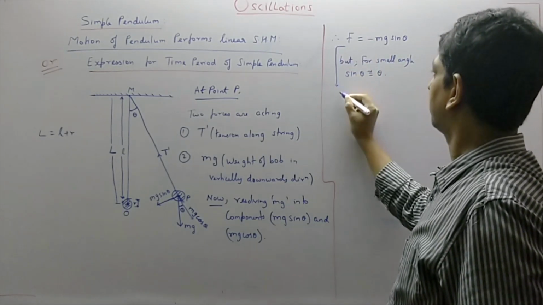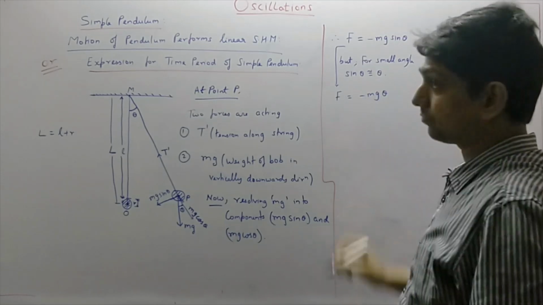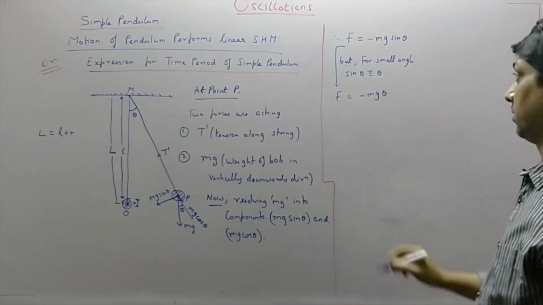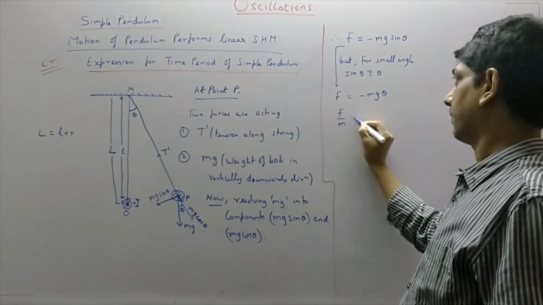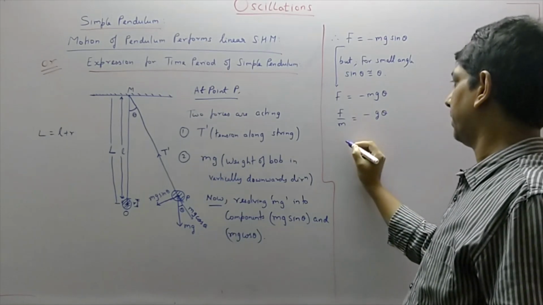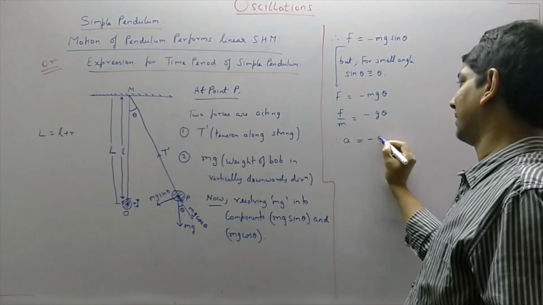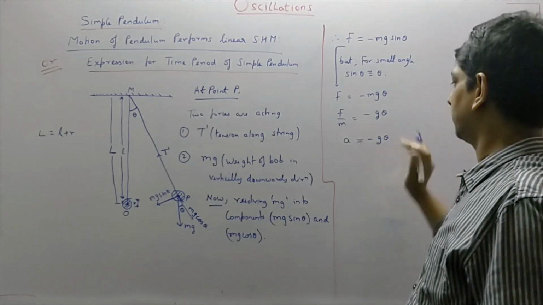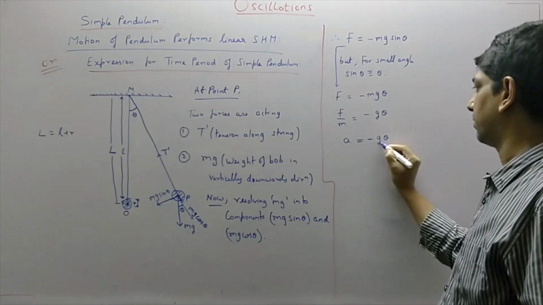Here we get F equal to minus mg into theta, so F by m is minus g theta. And F equals ma, so therefore we can write a equal to minus g theta. We can go with acceleration later on.